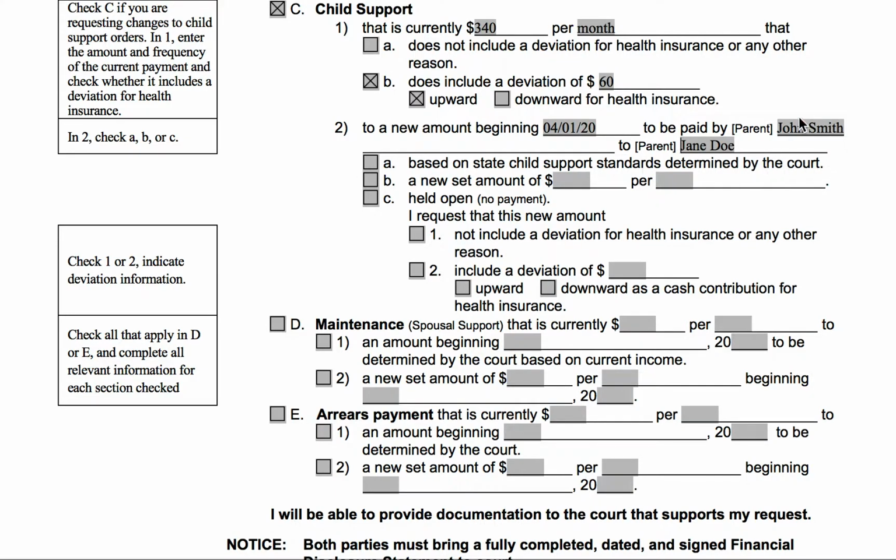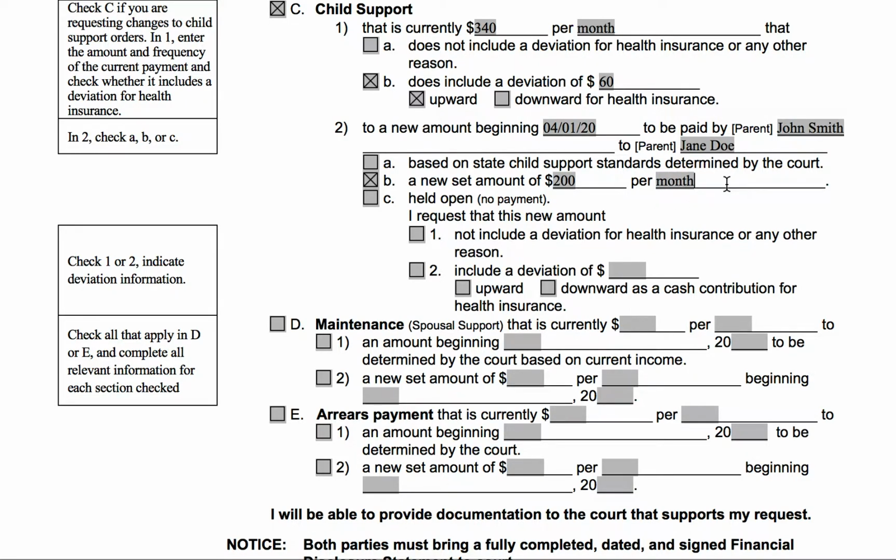So if John got a different job and he's making less money now, and he just wants the court to recalculate his child support based on his new income, he would check A. If you have a specific amount in mind, other than 0, you would use B. So maybe John has decided that he can only pay $200 per month.